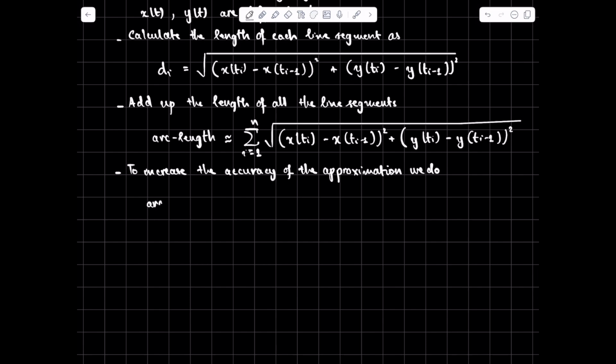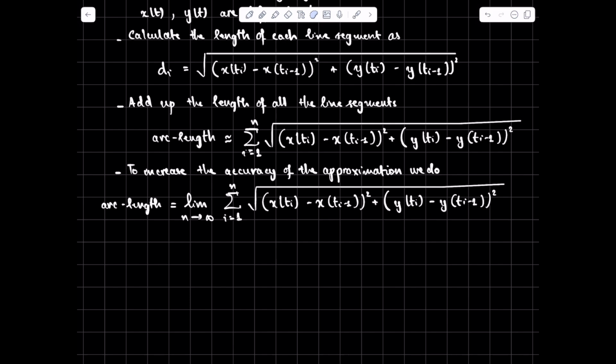The arc length now becomes equal to the limit as n goes to infinity of the summation for i going from 1 to n of this square root value.